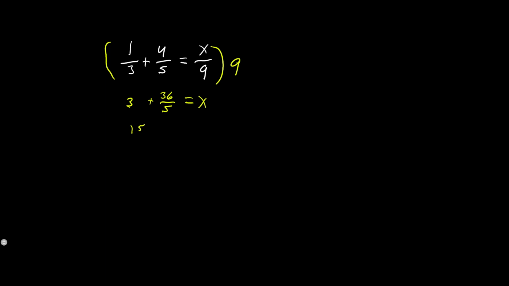So we have 15 plus 36 over 5, which is equal to 51 over 5. So now we'll go ahead and verify that that indeed is our solution. So x is equal to 51 over 5.